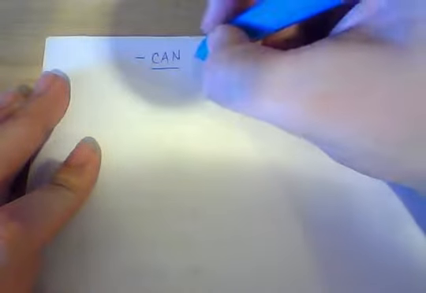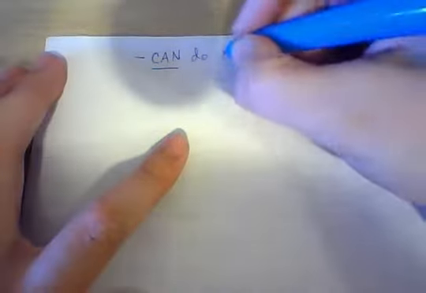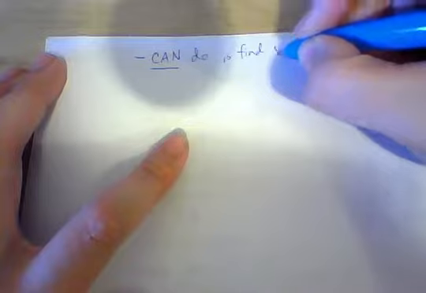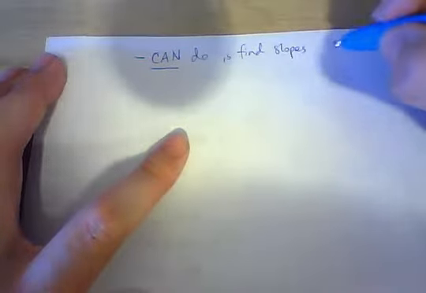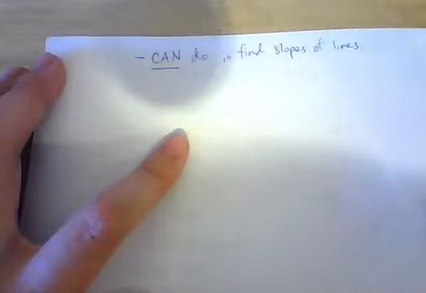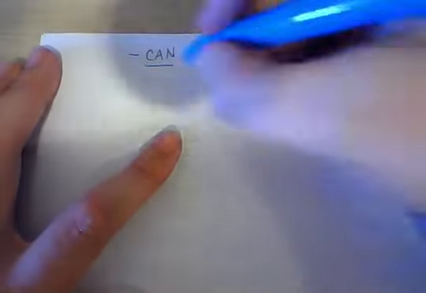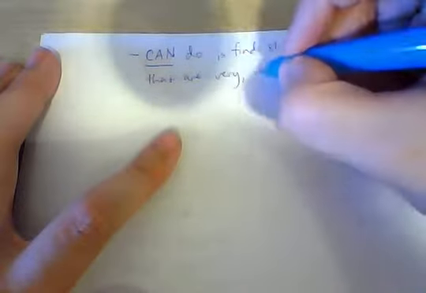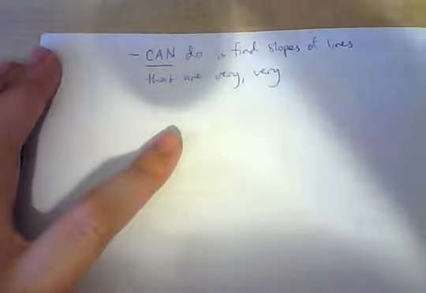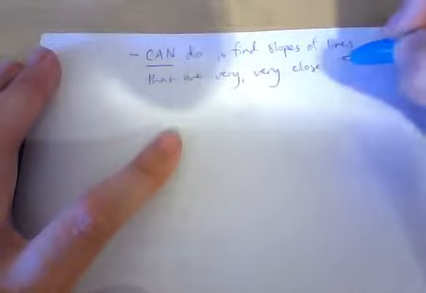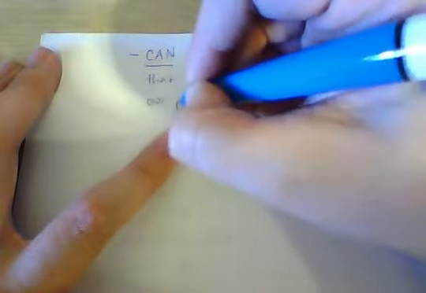In calculus, just keep on writing those thoughts out for me. I'll just keep on tracking our thought pattern here. What we can do is find slopes of lines that are very, very close to our point.